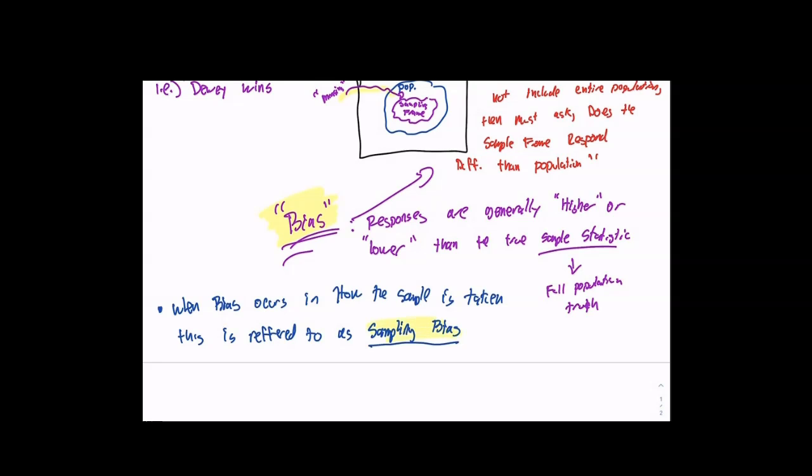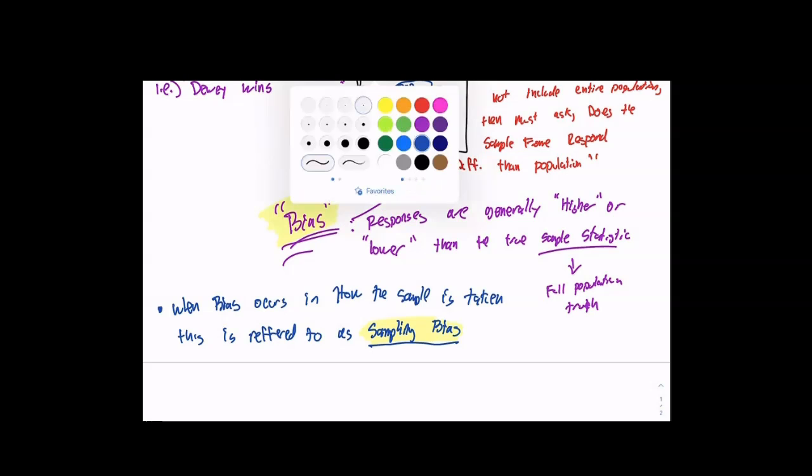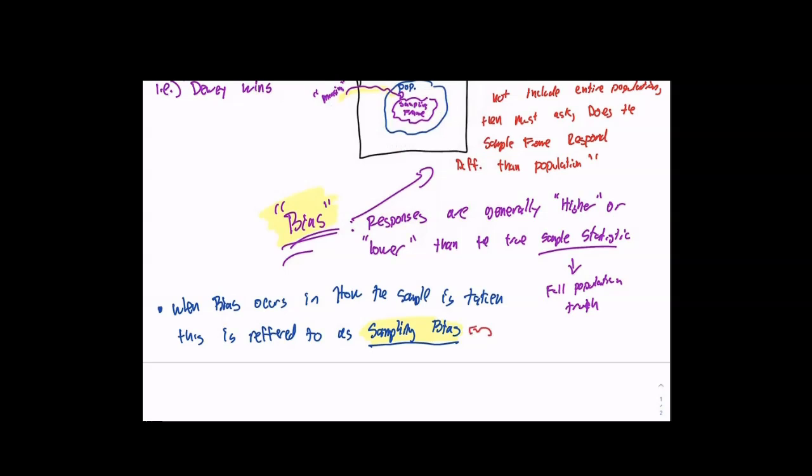And yes, sample statistics. We've done some sample statistics. That just means the mean, the median, p-hat. And this is bad. Sampling bias is bad. So if we have sampling bias, we need to note that. And truthfully, if there's sampling bias, you shouldn't even believe whatever the results are; you have to take them with a grain of salt.